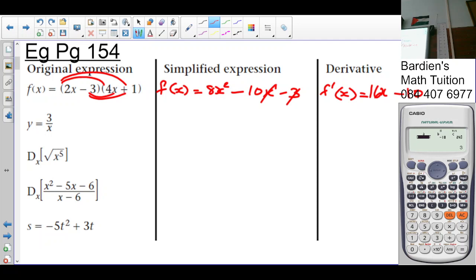Right, looking at the next one. y is equal to 3 over x. Is that in the format of ax to the exponent n? No. Which means I must get it in that format. How? Bring the 3 up, and then apply the derivative.